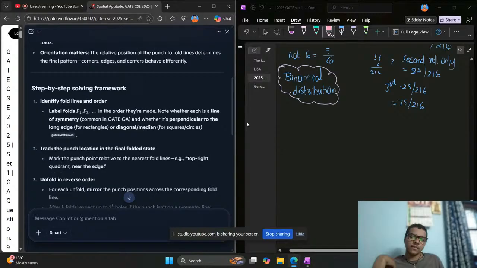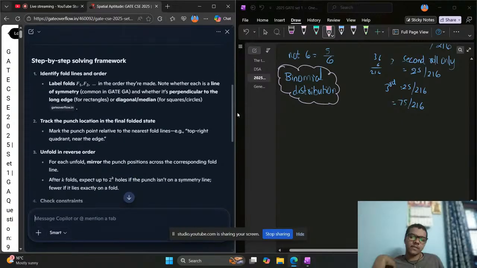Identify folds in order. Track the punch location. Mark the punch point relative to the nearest top right quadrant.